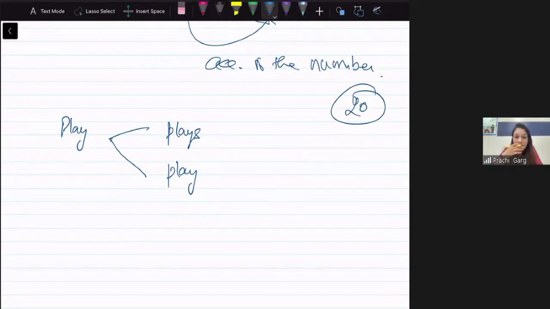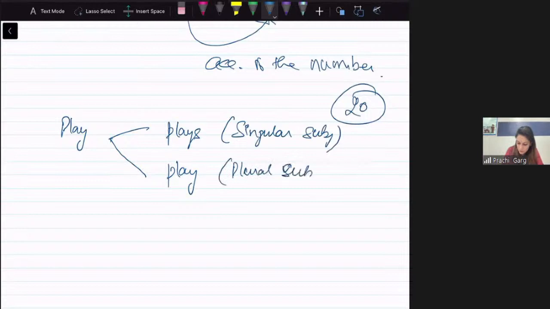All right, never mind. I have not got responses yet, so I will tell you this. Plays is used with a singular subject, and play as a base form is used with a plural subject. Please understand, whenever the subject is singular, we add s after the base form of the verb.